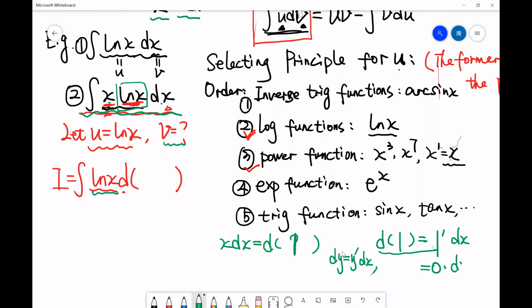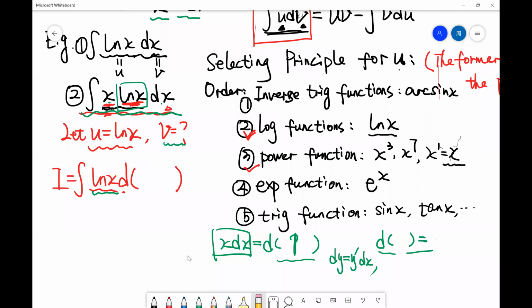So 0 dx equals 0, not x dx. So how do we find it? Is it x plus 1? You can check again here. Let's check again: x plus 1, or 1 divided by 2 x squared.